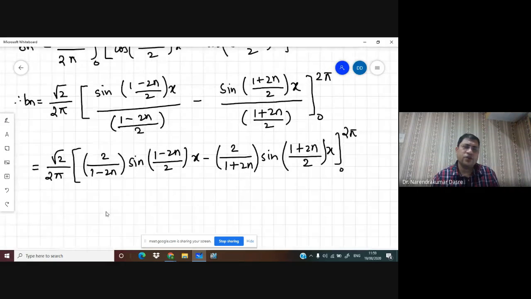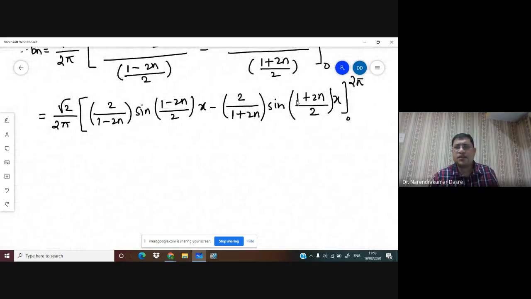So now we have to be careful here. See the limits. The limit is going to be 2 pi. So if I put 2 pi, this will be an odd multiple of pi. So sine pi is 0. If I put here 0, then sine 0 is 0.